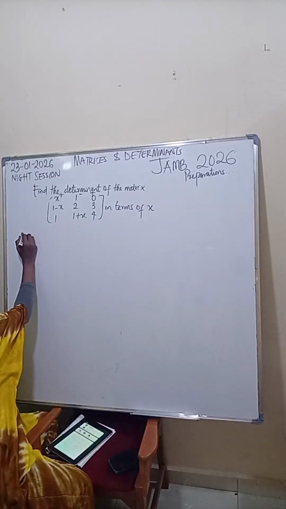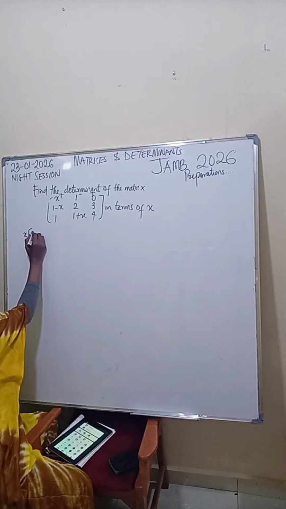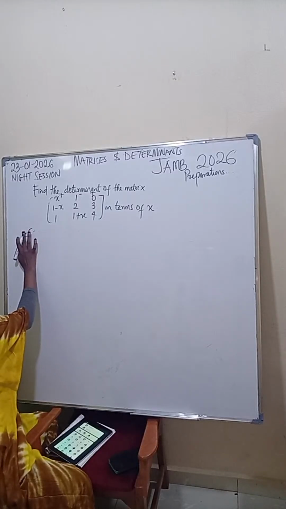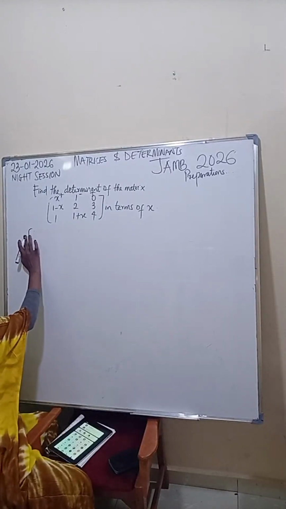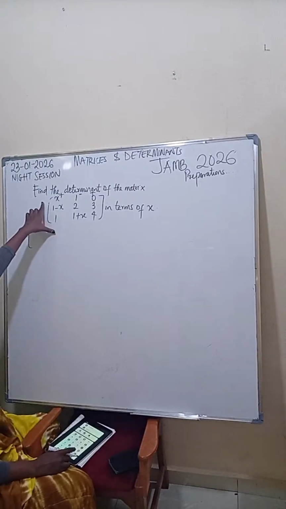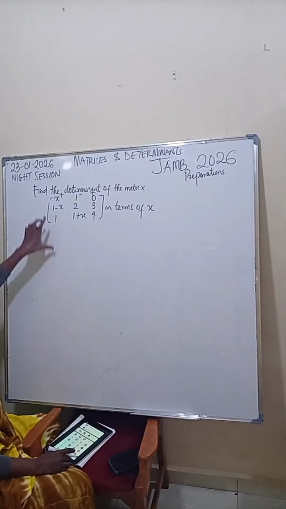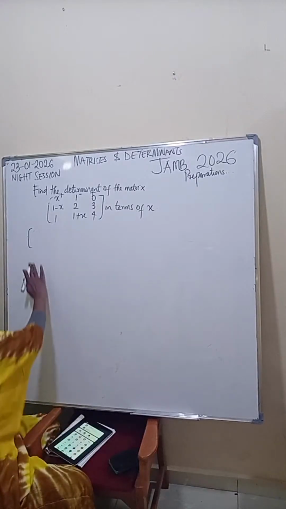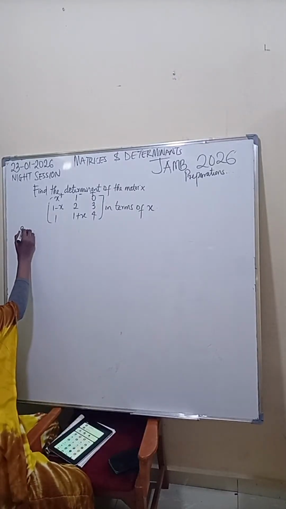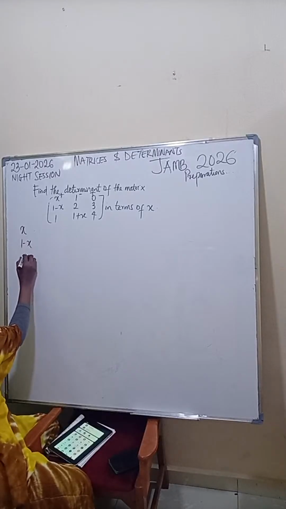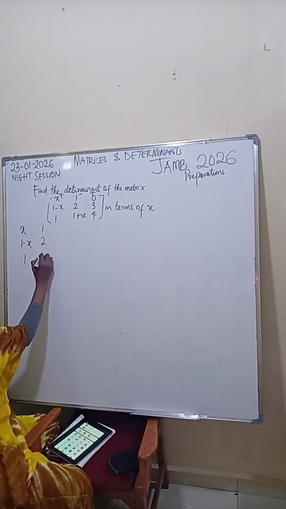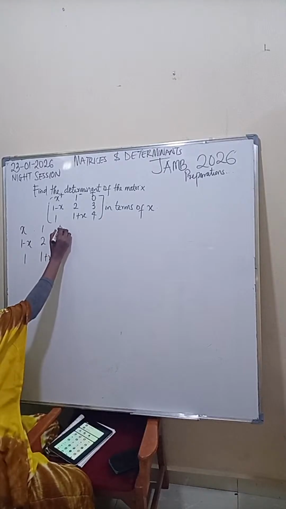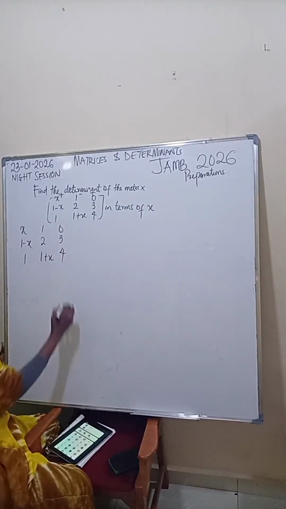Okay, so yeah, I have x, 2. Okay, somebody complained of my handwriting. I should write out the question itself, the matrix itself. I should repeat it. Okay, so I have x, 1 minus x, 1, 1, 2, 1 plus x, then 0, 3, 4, right?